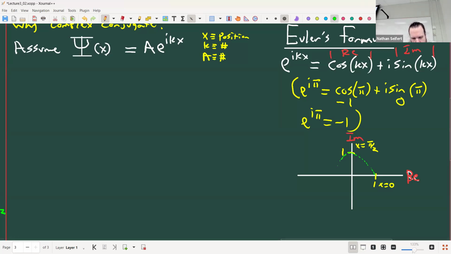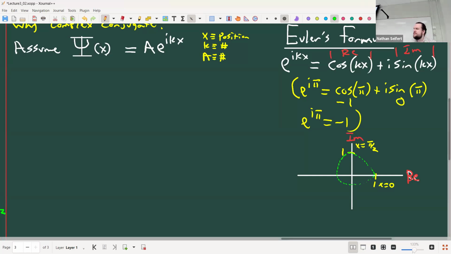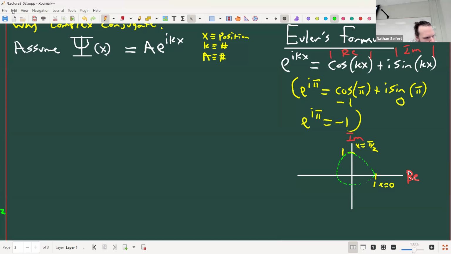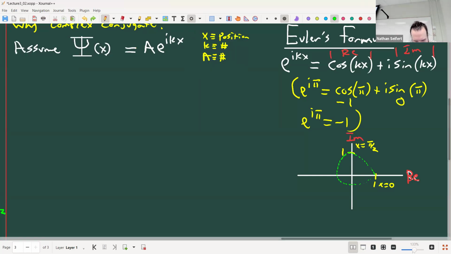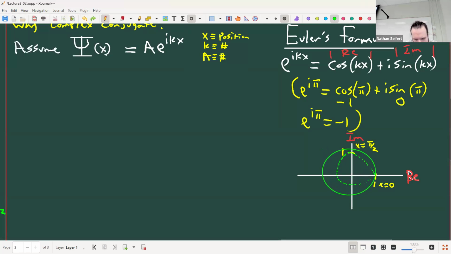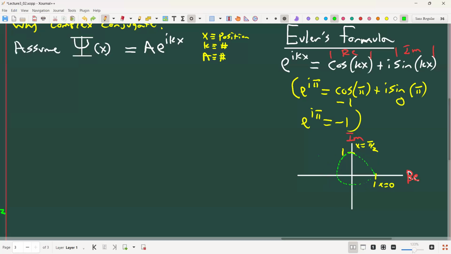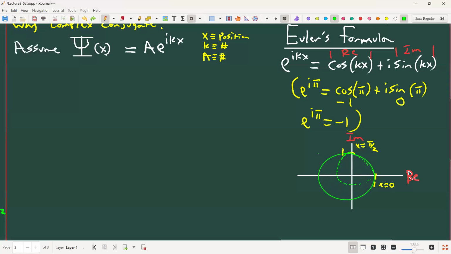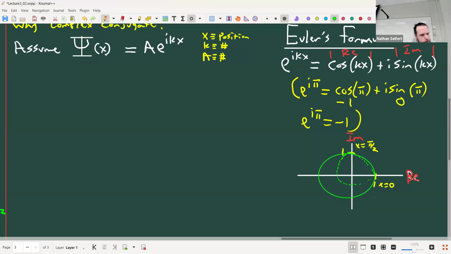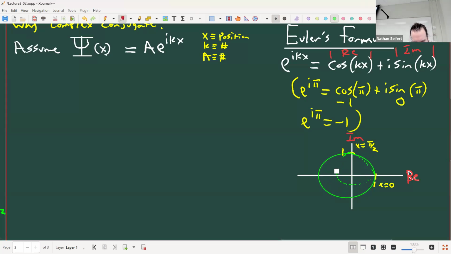That's a terrible circle, excuse me. Let me draw a real circle. That's not good either. I want it to be about the same size. All right, good enough. Let me erase this thing on the inside.